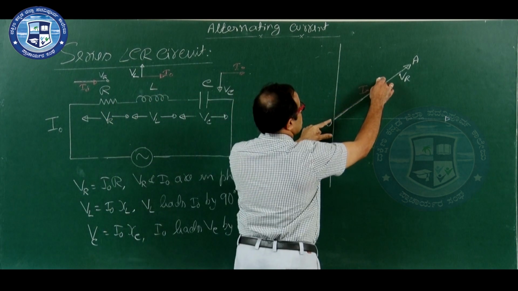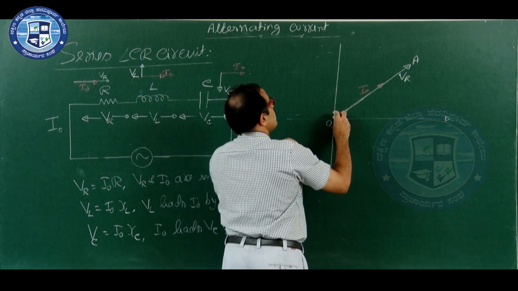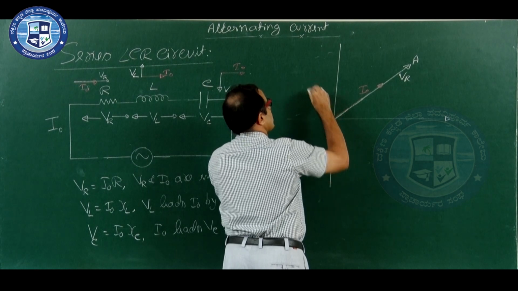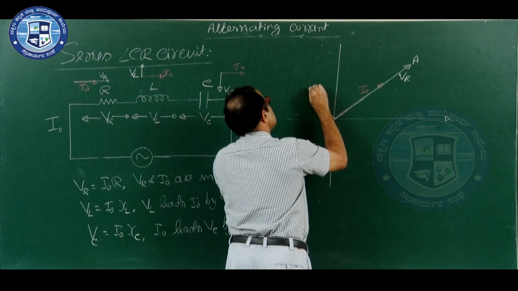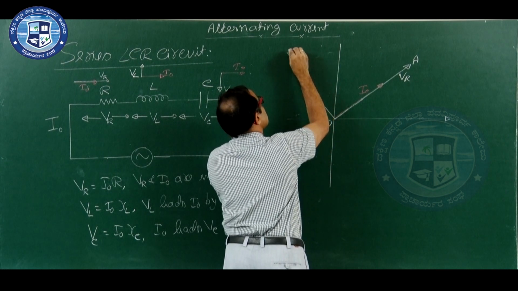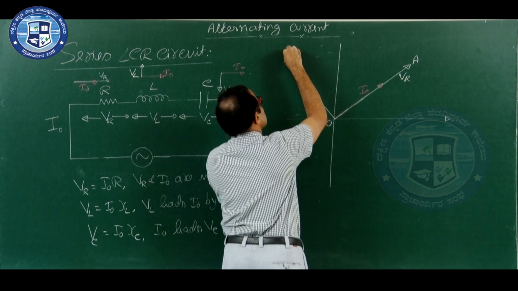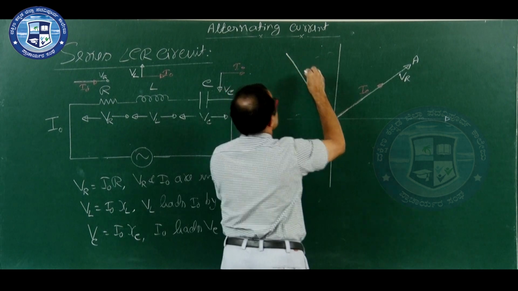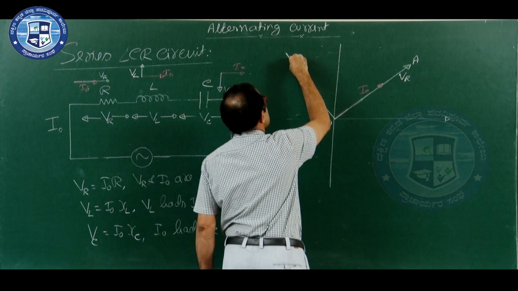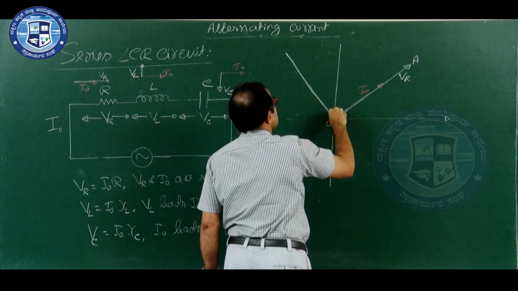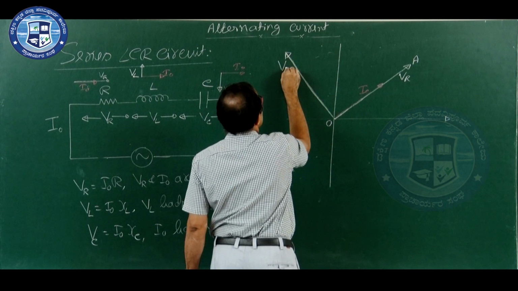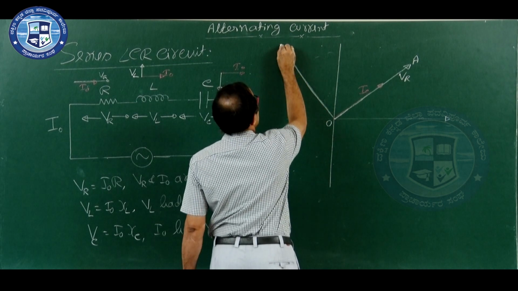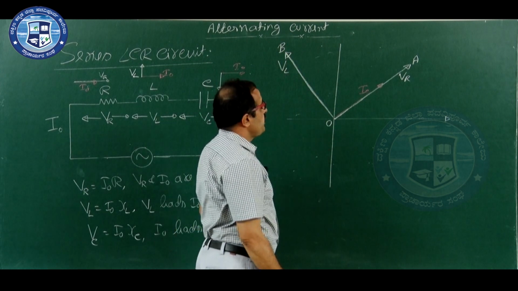Therefore, I naught will be the same and voltage is taken in this direction 90 degree ahead. This is voltage across inductor, let us say it is OB.